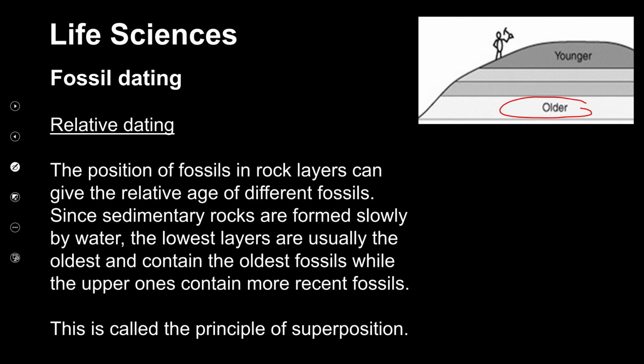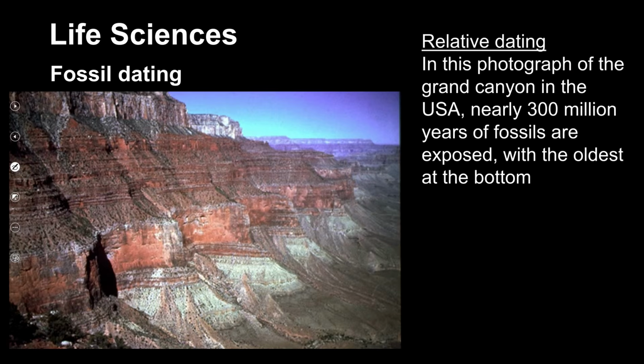And as more sediments get laid down, more fossils get laid down, and the younger fossils are actually at the top. And this is called the principle of superposition. In other words, the lower layers are older than the upper layers.